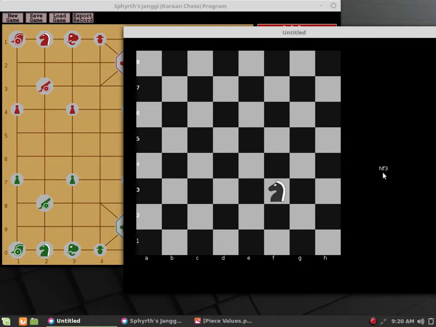So it will not be annotated as N G F3. If it was this knight, they would annotate it as N E to F3. If they were on the same file but different ranks, then they will consider that. They will just shift the other knight here. That will be knight from 5 to F3.